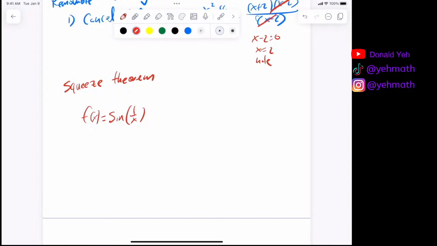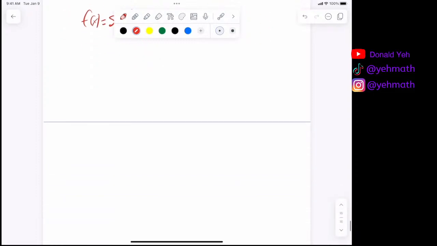I didn't put this one on the test. I put a different one. I put this one. And this one, I also asked you, what happens when the limit as x approaches 0 of x sine of 1 over x?